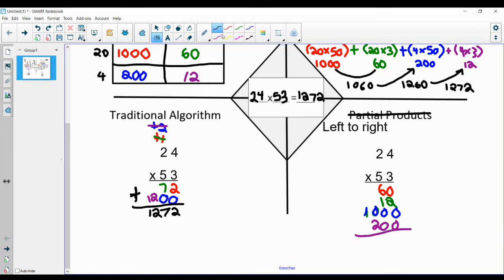When I add this together, I get 1,272. So 24 times 53 is equal to 1,272.